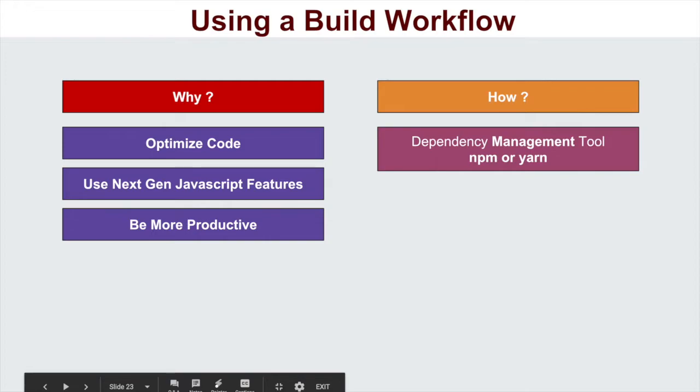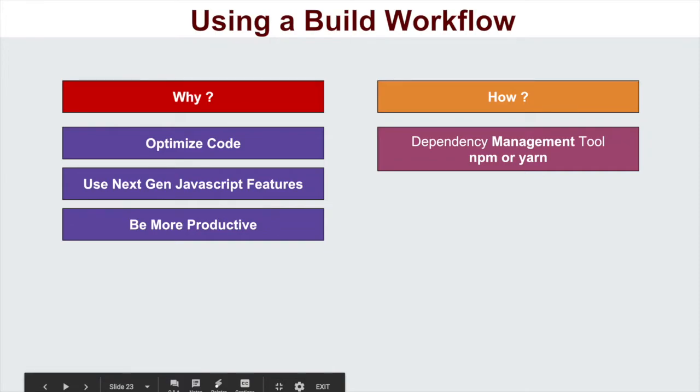So those are a couple of reasons why writing this kind of code is desirable and why we need a more complex build workflow that optimizes the code for us. And for that, the how of course is relevant.